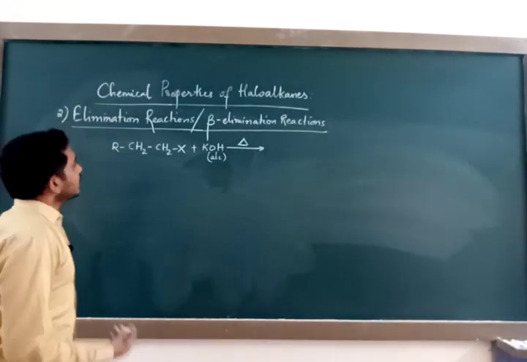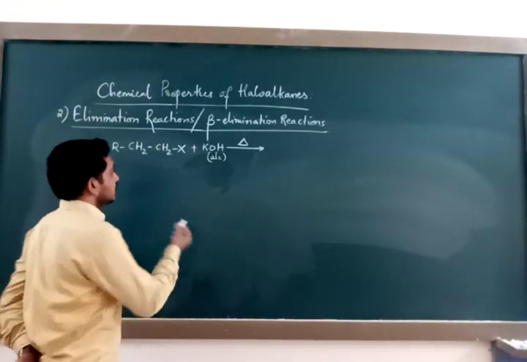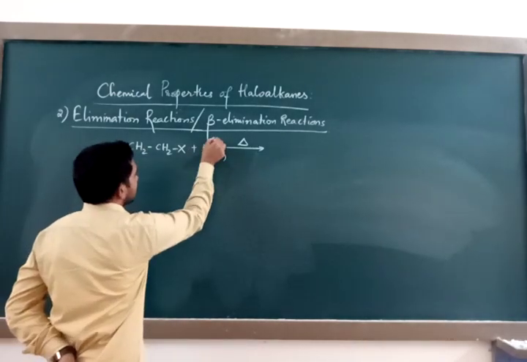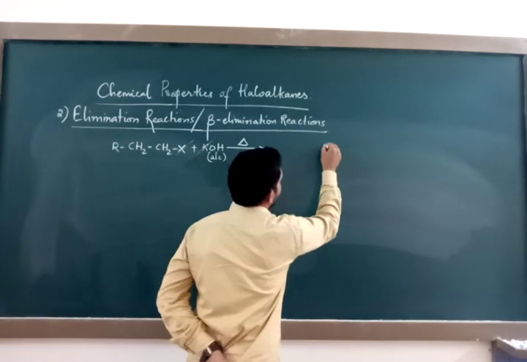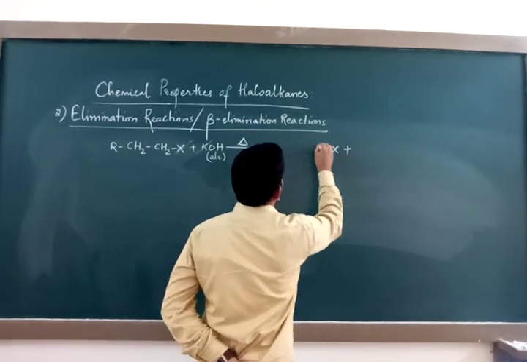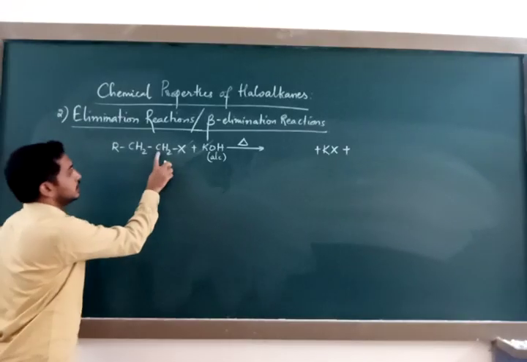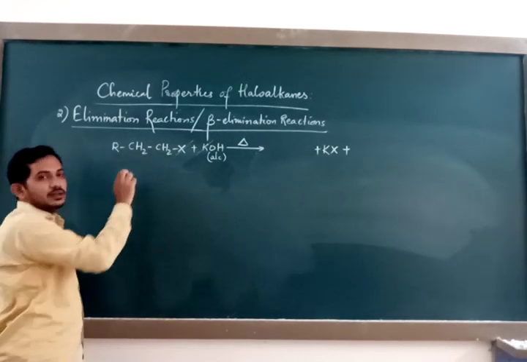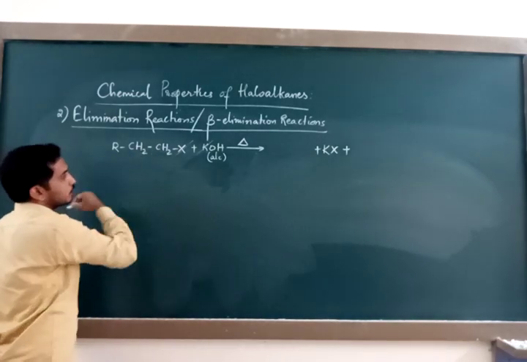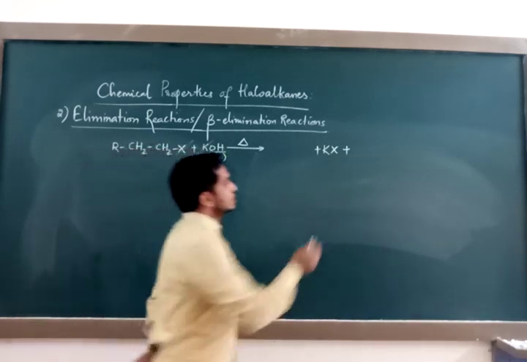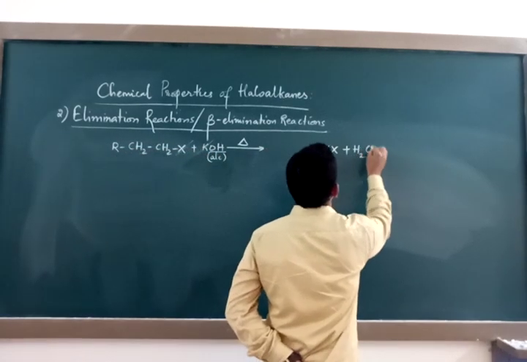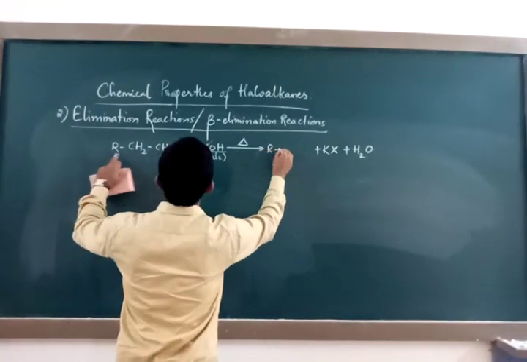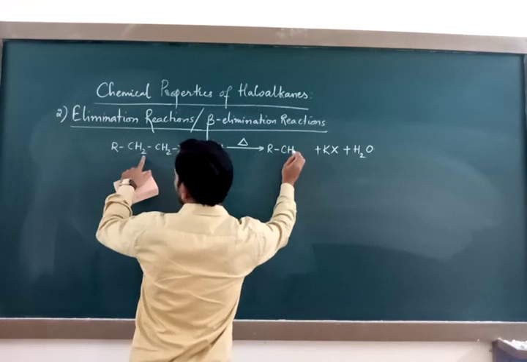So what happens now? You go on eliminating. You should eliminate some part from haloalkane. So you eliminate this part, K and X. This is one part, KX is gone. Then from whichever carbon you are removing halogen, leave that carbon. From the adjacent carbon, eliminate one hydrogen. So you eliminate one hydrogen along with this OH. So you will end up with H2O. Fine. What else is remaining? R dash CH, because hydrogen is lost.